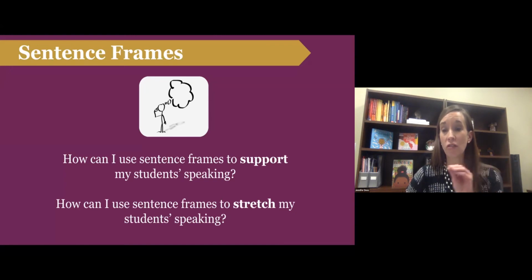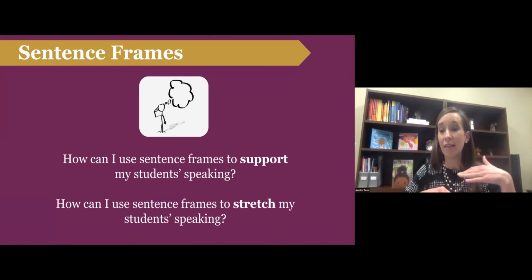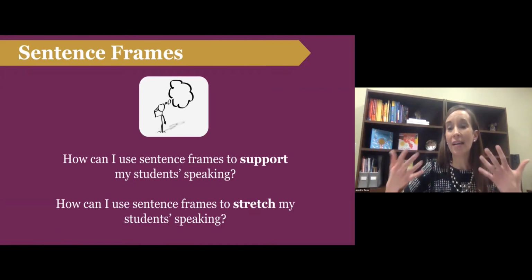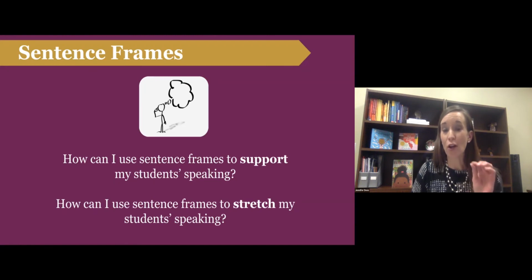Again, let's stretch our students' writing. Let's not just talk about, I'm going to wear this today, but adding a because, or this is my favorite character, so I'm going to. Let's stretch students' speaking and writing. And sentence frames are a great way to do this, to build that stamina.